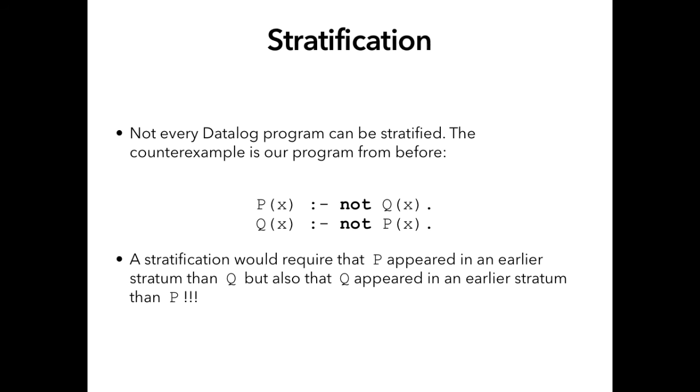The counterexample is the program we saw before, the bizarre program. If we had a stratification, then that would require that P appeared in an earlier stratum than Q, but also that Q appeared in an earlier stratum than P, and of course we can't have that. So we must be able to check if programs can be stratified or not.